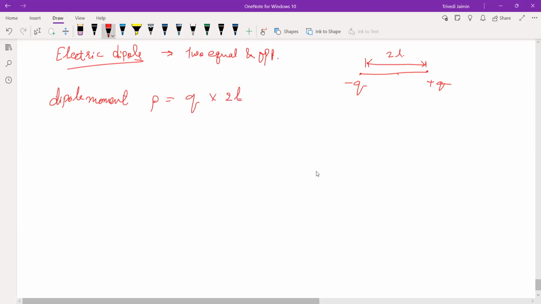into 2L. Now, if you remember moment from your 11th standard, it was force into perpendicular distance. That was torque, right? You apply force, it gets rotation, that is torque. So here the dipole moment of electric is charge into distance.